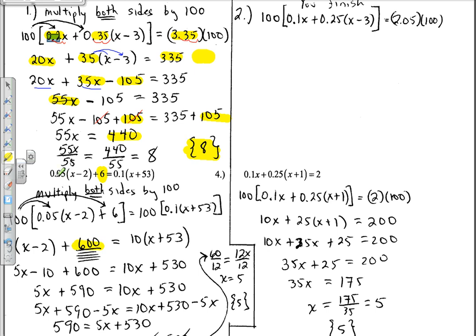Don't just simply move the decimals 2 places to the right. You have to make sure that you're multiplying the whole left-hand side by 100. So this number right here, this 6 right here must also get multiplied by 100.